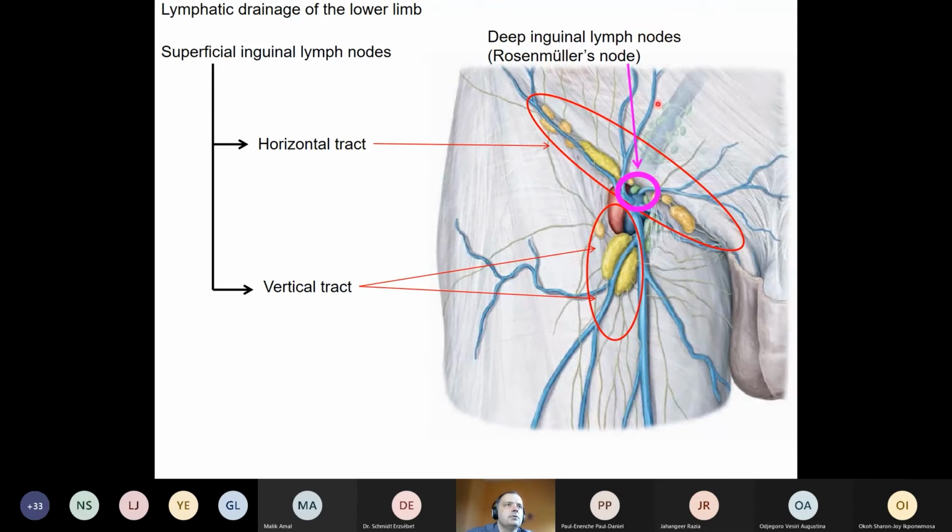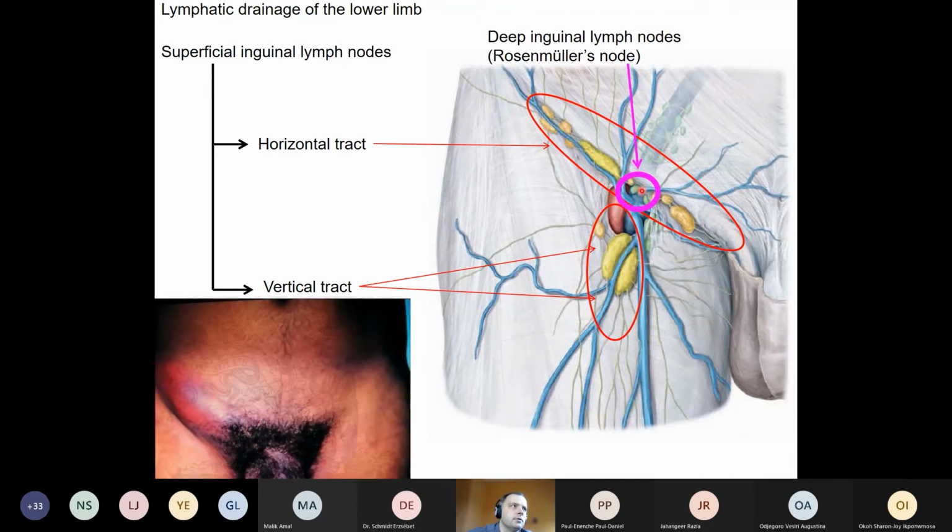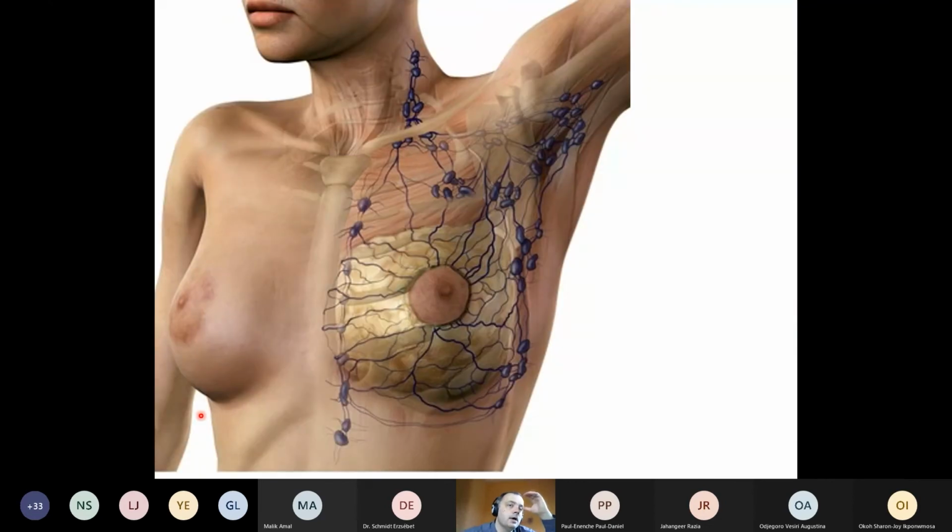From here the lymph fluid is drained already into the pelvic area, into the abdominal cavity, and then this disease, if this lymph node is inflamed, spreads further. This is an example of an inguinal lymph node inflammation in a patient who suffers from some kind of sexually transmitted disease.